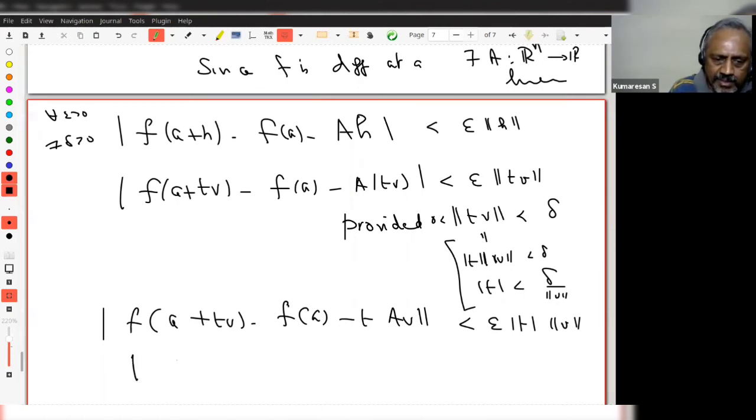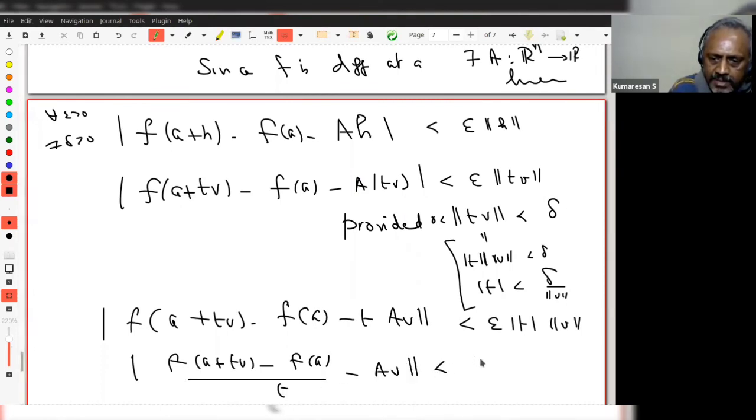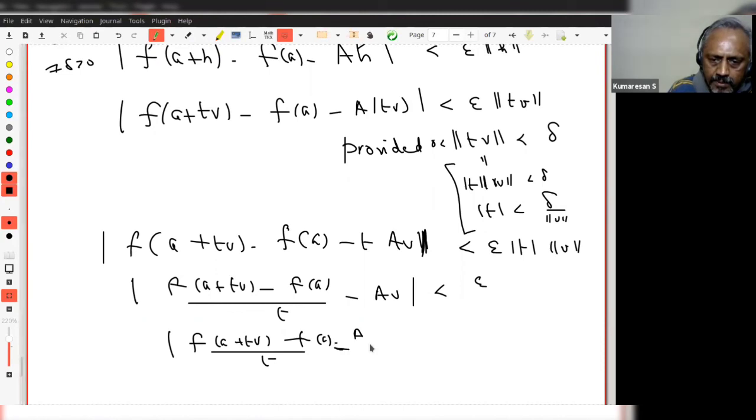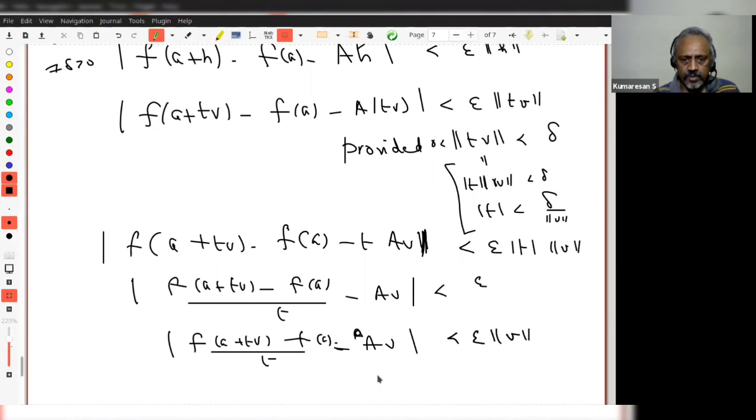So if I divide everything by t, what do I get? The modulus of f of a plus tv minus f of a, by t, minus Av is less than epsilon times the length of v. Notice that there is a modulus of the whole thing. So what does this inequality show?